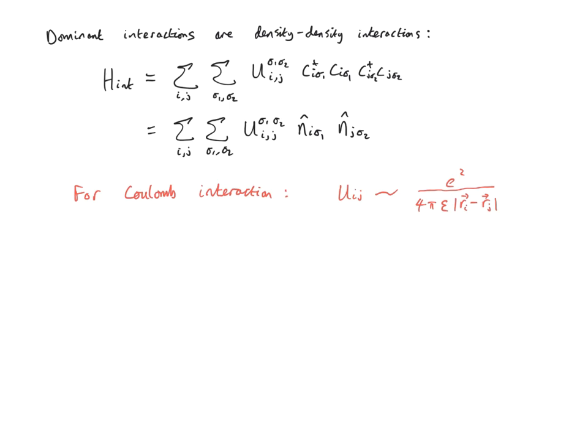And you can see, of course, from this expression that this requires that i not be equal to j, because otherwise we'd be talking about the same site, and then downstairs we'd have 0, and we don't want to be dividing by 0. So this Coulomb interaction that I've written down here is a so-called long-range interaction.